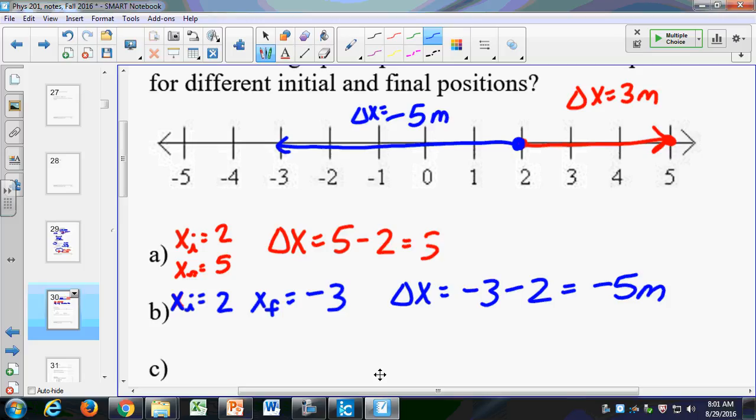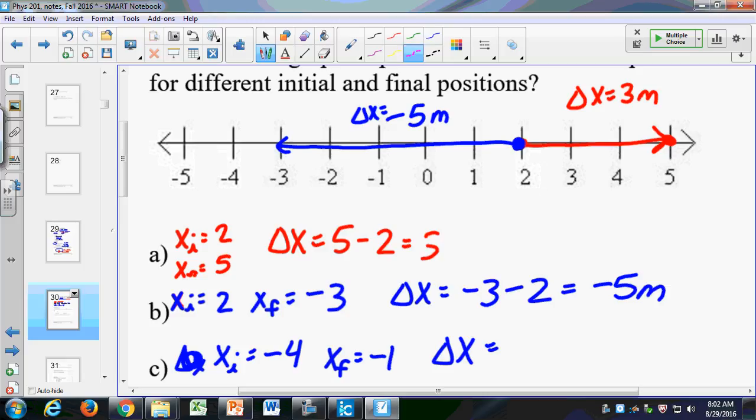And then let's say that I go from x initial equals -4 to x final equal to -1. What is my delta x in this case? It's going to be +3, right? So I'll do it in pink. I'm going from here up to -1, up to here.